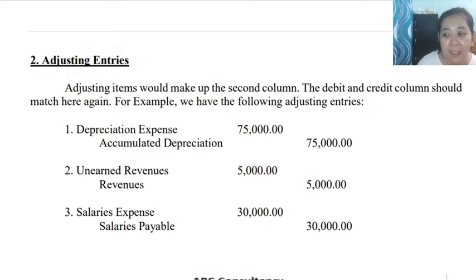But in this case, the employees have already earned their salaries for a number of days. So the entity should recognize it as an expense and payable. This is just a simple adjusting entry.